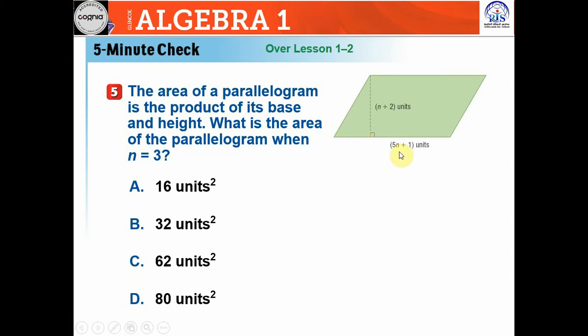This means you are going to multiply 5n plus 1 times n plus 2. Of course, I have the value of n, which is 3. The height will be 5, because 3 plus 2 is 5. And here, the base will be 16. This means you have to multiply 16 by 5, which is 80 unit square.